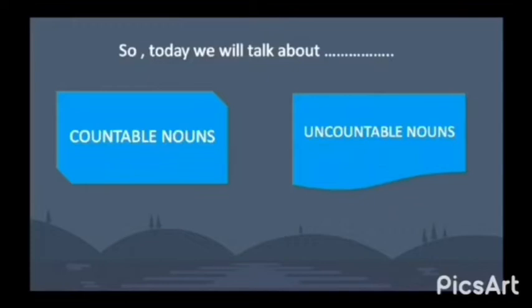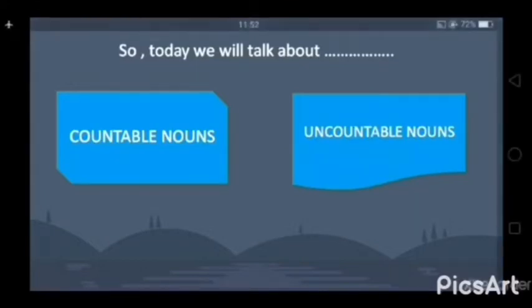Countable nouns are those things which you can count, like 5 pens, 10 pens, 16 pens, 20 pens, 100 pens, 1000 pens, 15 oranges, 15 girls. All these things are your countable nouns, and things which you cannot count are your uncountable nouns. For example, news, information, advice, all these are uncountable nouns.